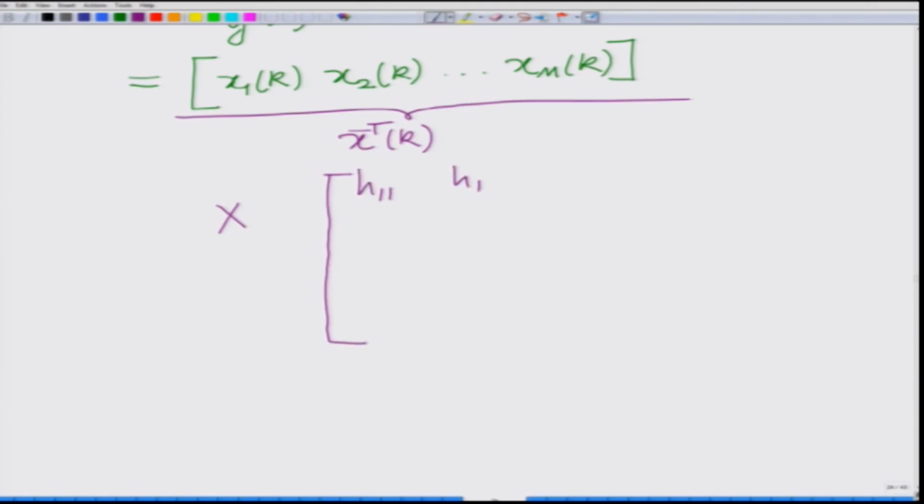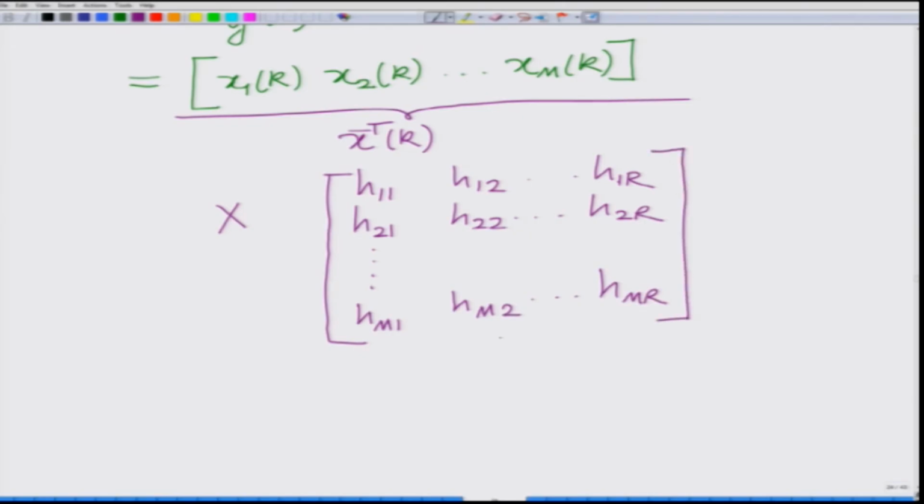h11, h12, so on to h1R, h21, h22, so on up to h2R, hM1, hM2, so on up to hMR.